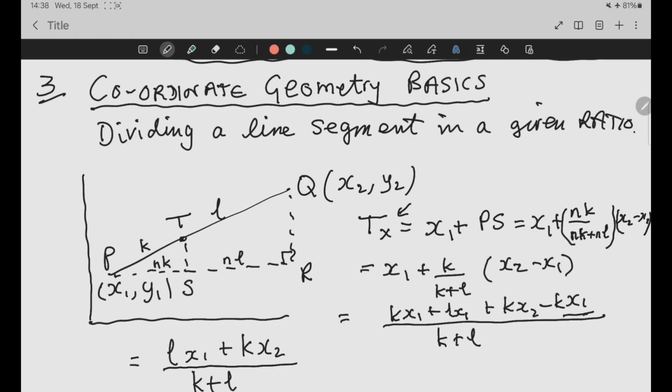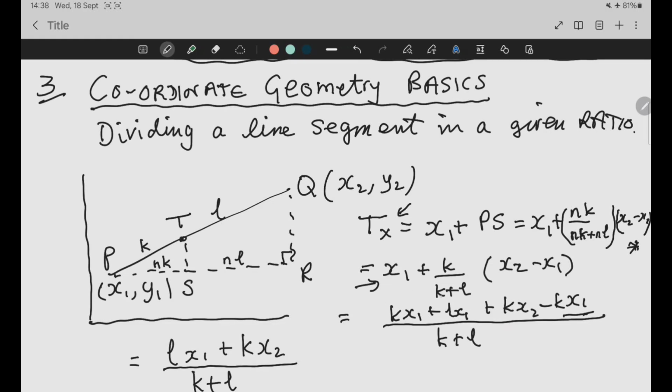So moving on from where I've put the star, I'm now at this stage: x1 plus k over k plus l, because the n's cancel out, times x2 minus x1, and I've just written all this under one common denominator.